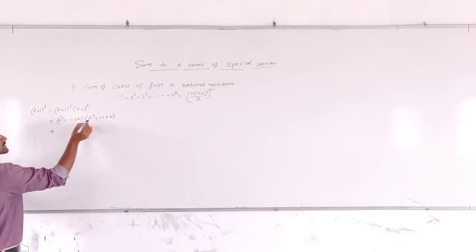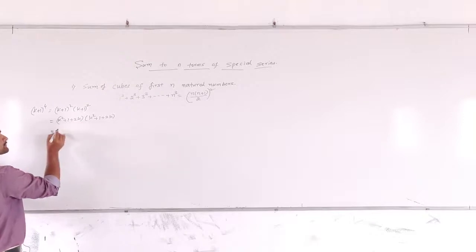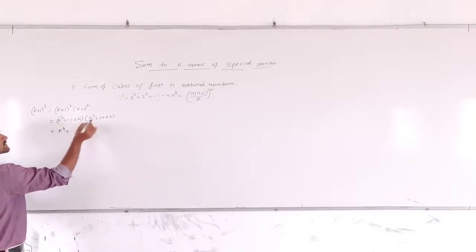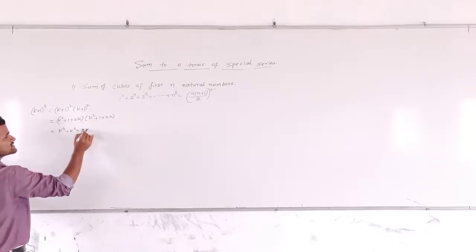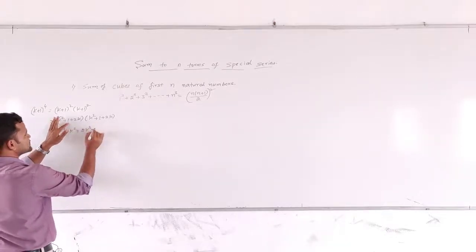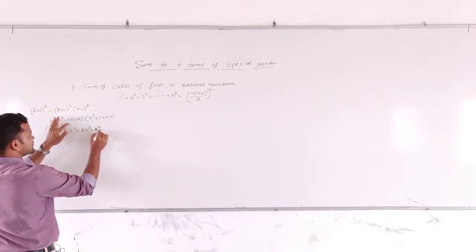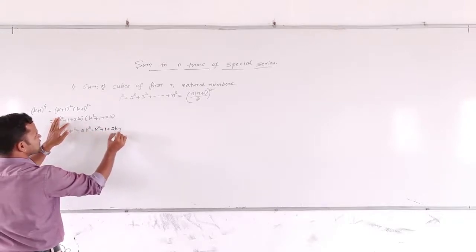Here k square into k square. Now I am multiplying with this and this. I have k square into k square, k raised to 4. k square into 1 is k square. k square into 2k is 2k cube, plus of 1, I am multiplying with this. 1 into k square, 1 into 1, 1 into 2k is 2k, plus of.